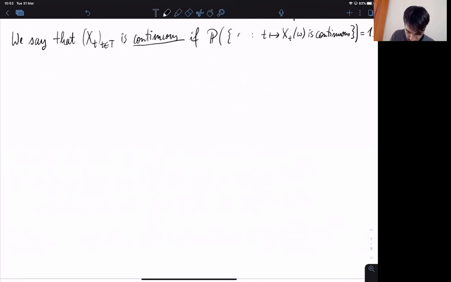I should say that there are various subtleties here, which I don't want to go into, because a priori this set is not measurable if the index set T is uncountable, which of course is the only time when this is an interesting question. Then it's not at all clear that this event is measurable, and one needs to have a complete sigma field.